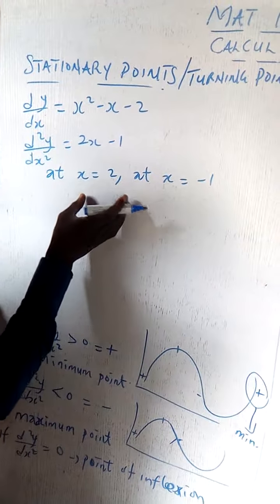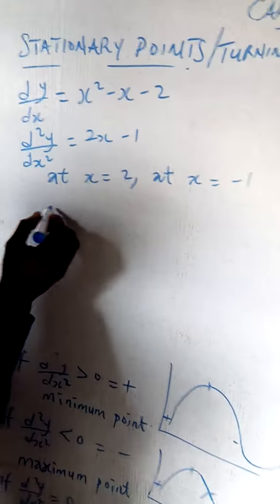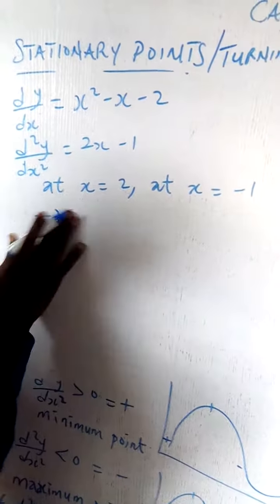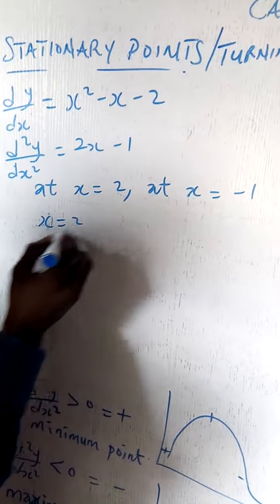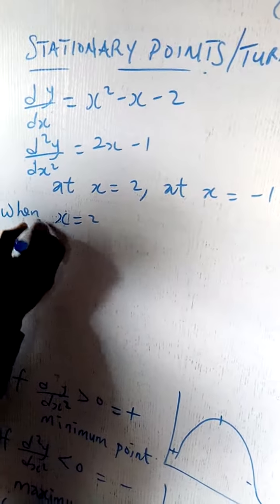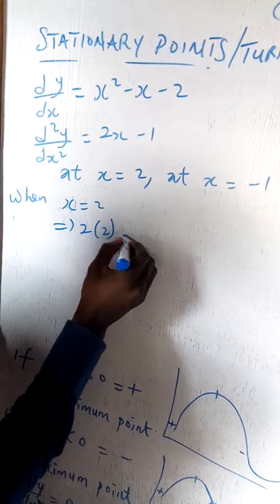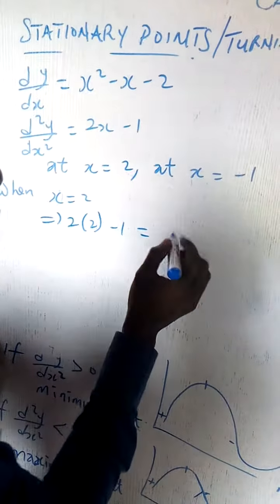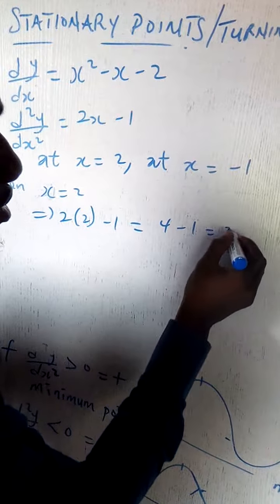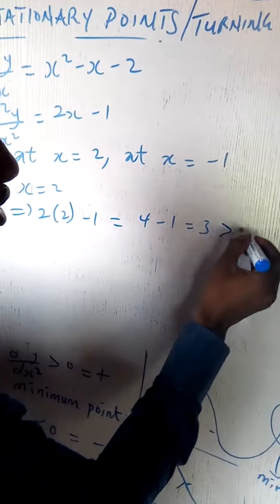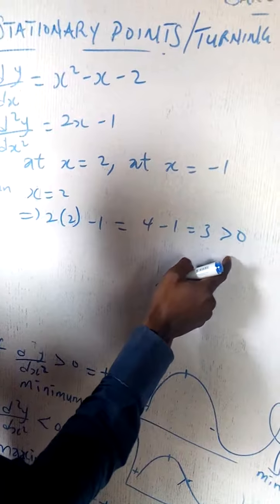So substituting these points in turn, when s is 2, we have 2(2) − 1, which gives us 4 − 1, and that is 3. This is greater than 0, which means it is positive.